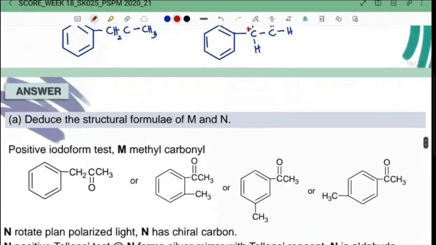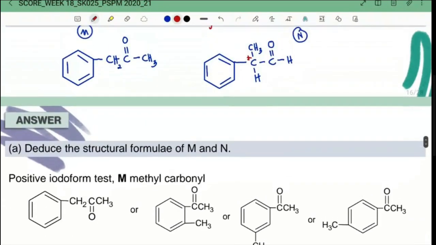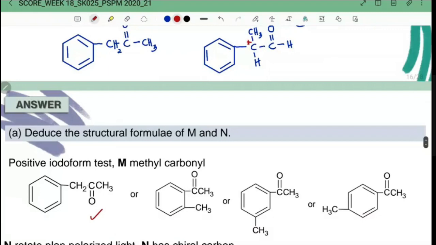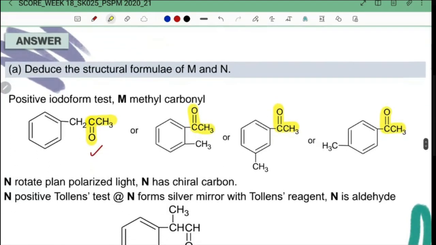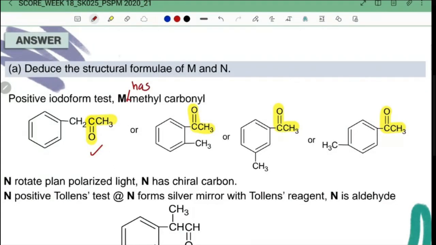Okay, so look at the answer: positive iodoform test and methyl carbonyl. So we can see I only drew one of the possibilities just now. Or anything, you can split the 3 carbons into two groups as long as we have the methyl carbonyl, on the ortho, para or meta position. Okay, M has methyl carbonyl, sorry, not methyl carbinol, methyl carbonyl.